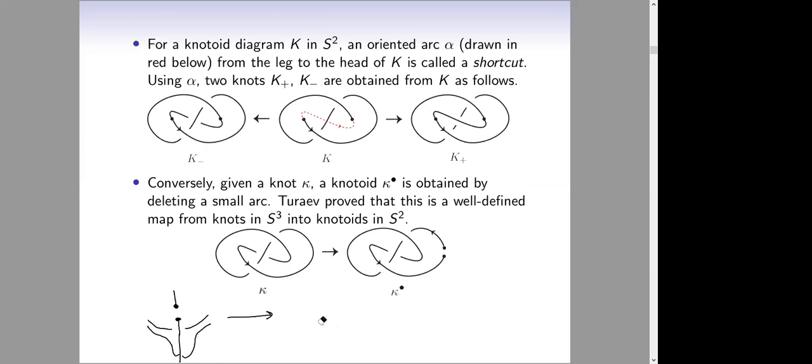So let me erase this step and maybe write an intermediate step. It will look like this. Imagine that this goes all the way to the other side of the sphere.